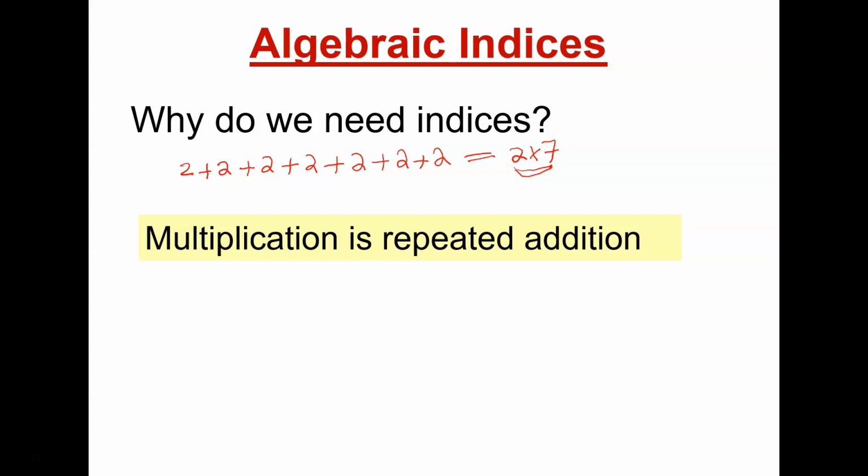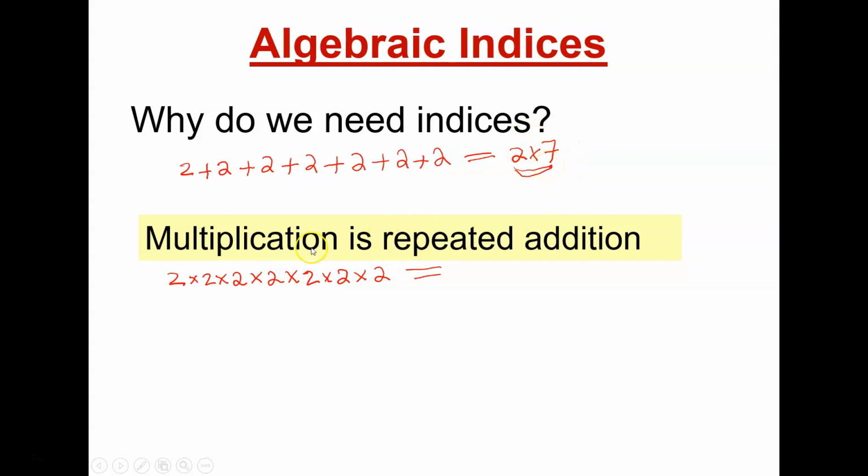Let us repeat the multiplication now and see what's happening. I've got 2 times another 2, times another 2, times the 4th 2, times the 5th 2, times the 6th, and let us carry on. I think you got bored again. This is the problem. This problem of repeated addition, we solve by introducing multiplication.